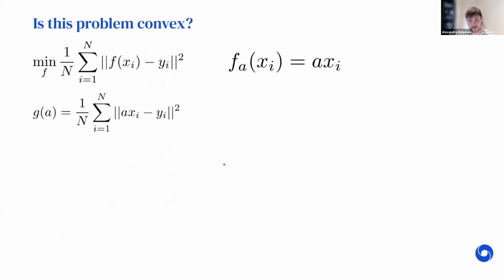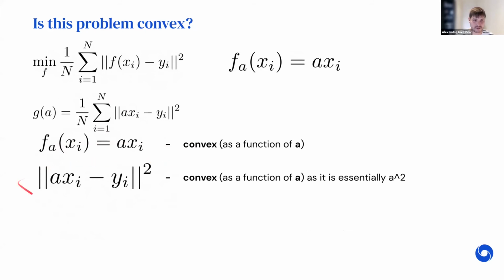So is this problem convex? Because we didn't go through all the steps on convexity, let me just quickly say that this is convex. Just believe me that this is convex. This is a quadratic function, basically, as a function of a. You remember the quadratic was convex.